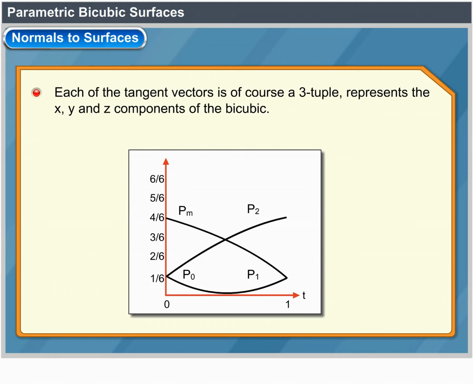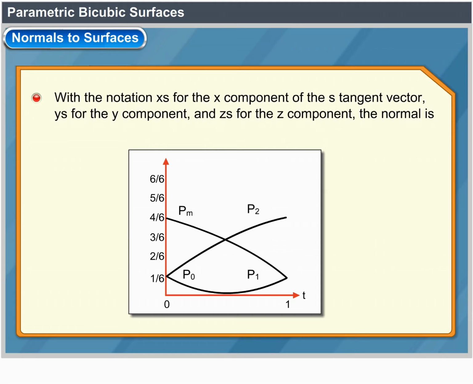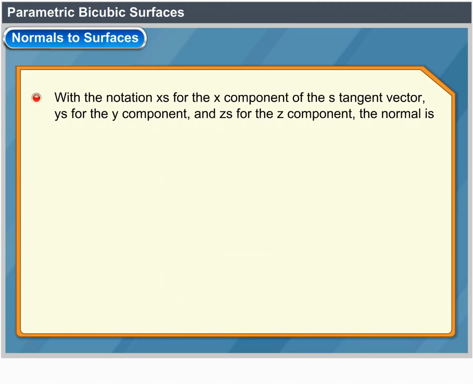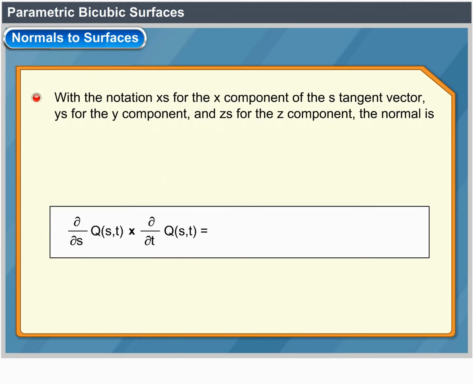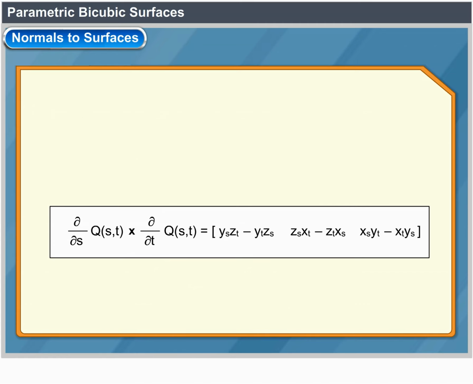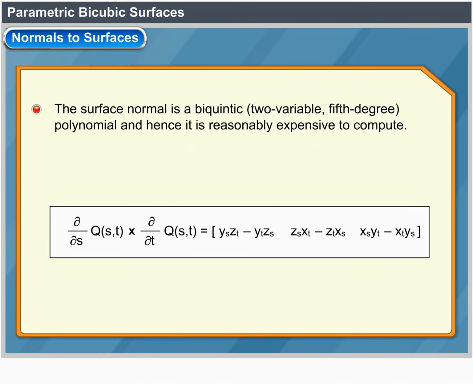With the notation xs for the x component of the S tangent vector, ys for the y component and zs for the z component, the normal is as per the equation shown. The surface normal is a biquintic, that is, a two-variable fifth-degree polynomial, and hence is fairly expensive to compute.